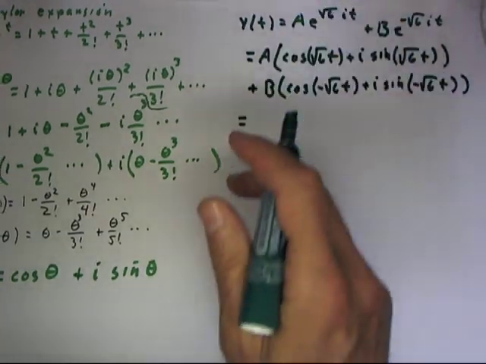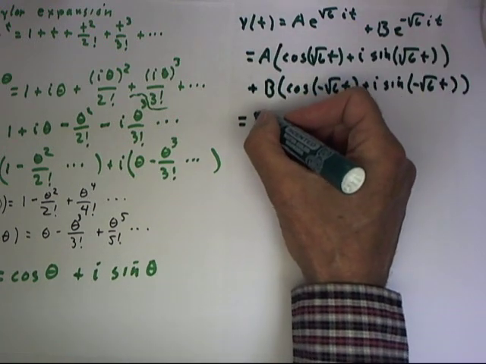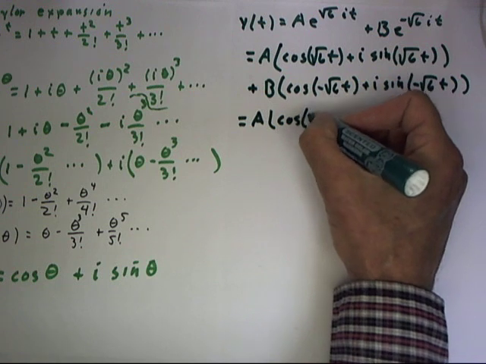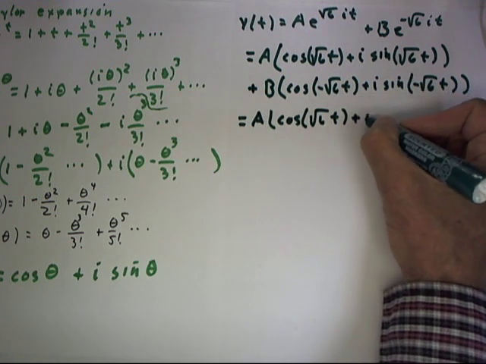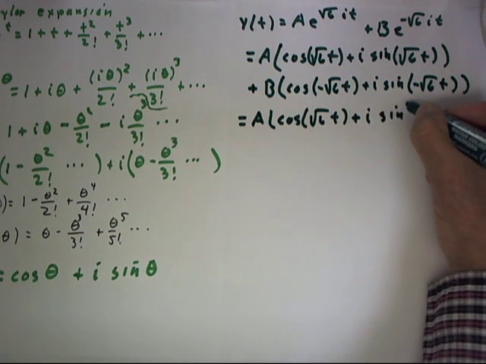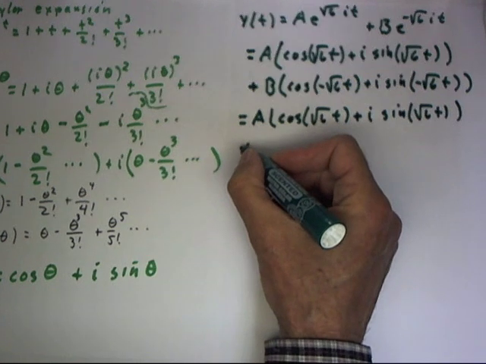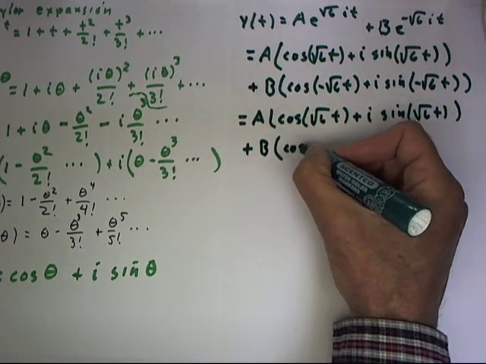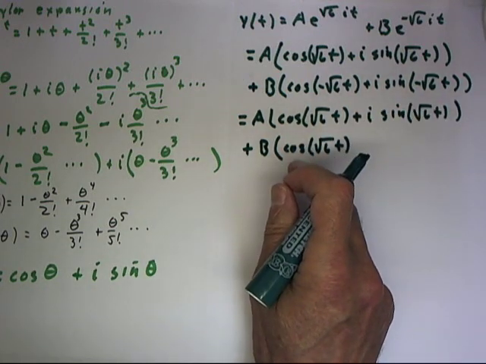Now the even odd properties of the cosine and the sine tell us that this is going to be a times the cosine of the square root of 6t plus i sine square root of 6t, plus b times the cosine of the square root of 6t, the cosine being an even function.